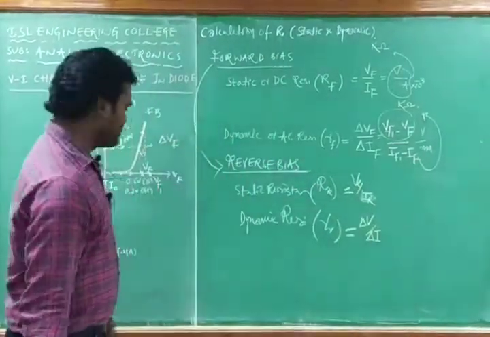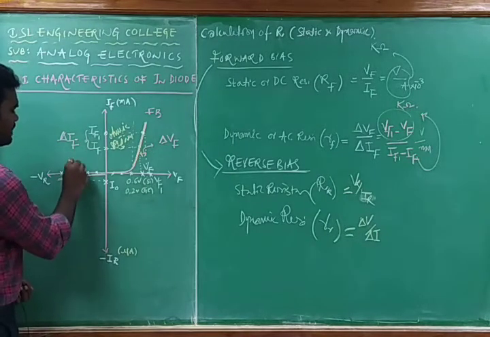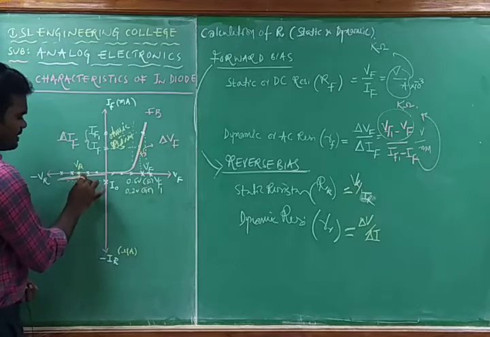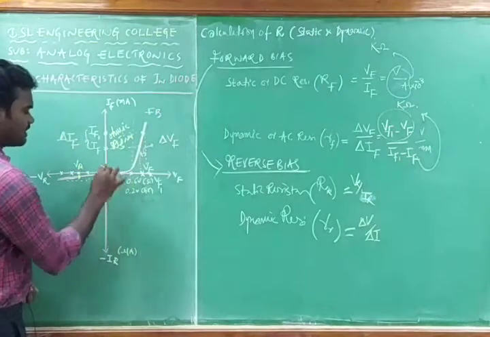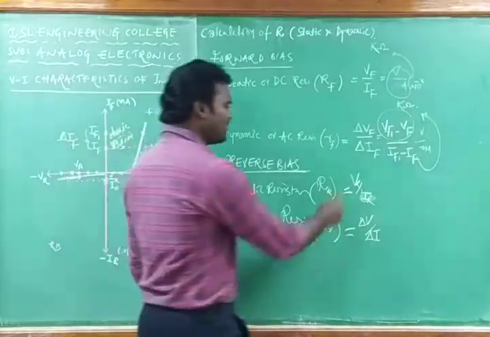Identify one point here, voltage VR, and the corresponding point on the graph defines one current, IR. So it is nothing but VR by IR.